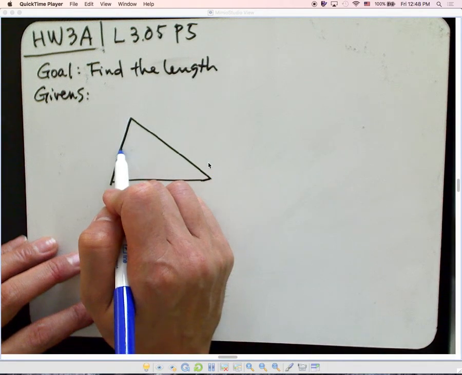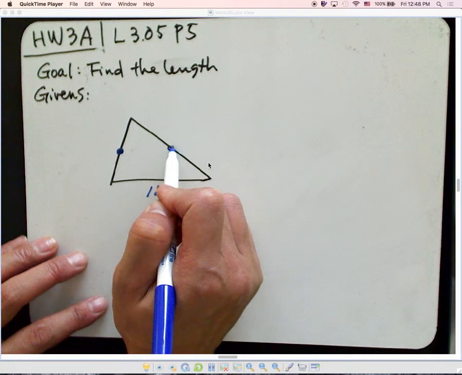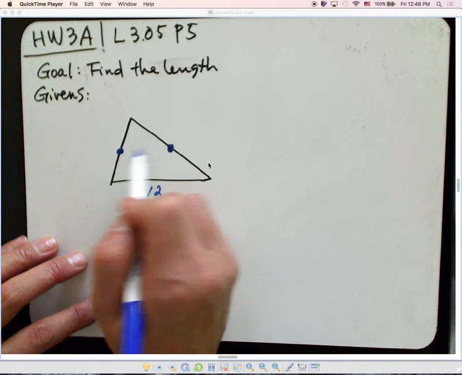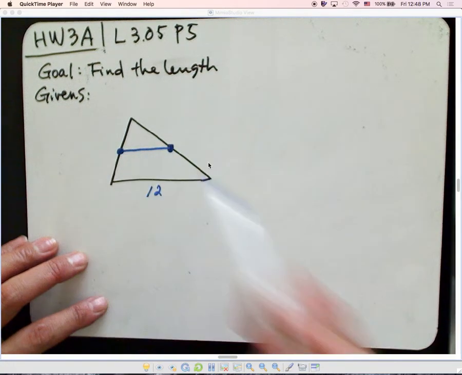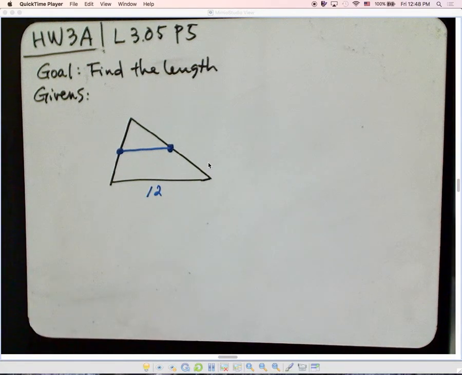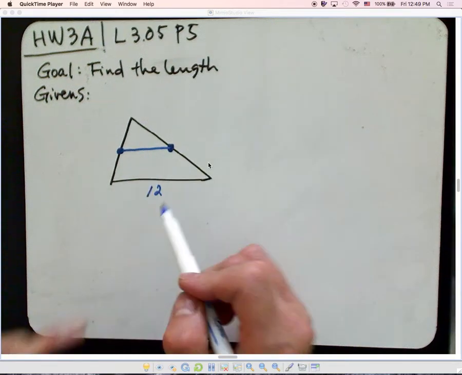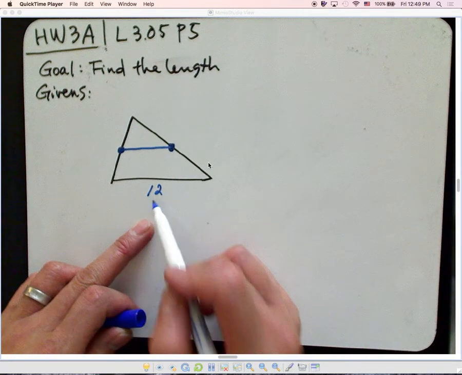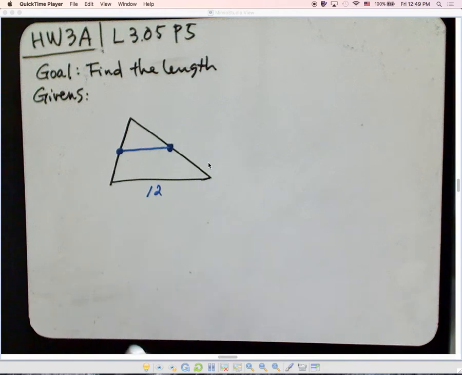Let's take the midpoints, and let's join the segment as the problem says. How long is that? Hints: we know that this length is 12, right? If you cannot get that, you can look up the midline theorem. That's going to give you a hint.